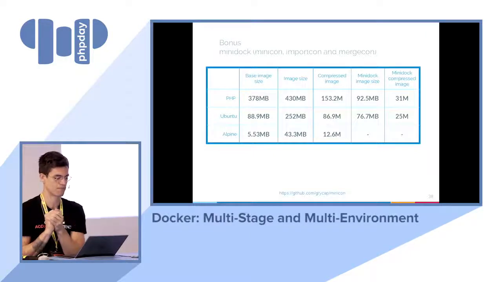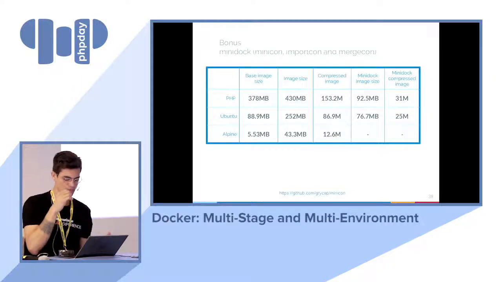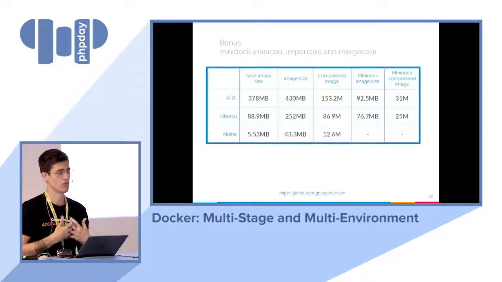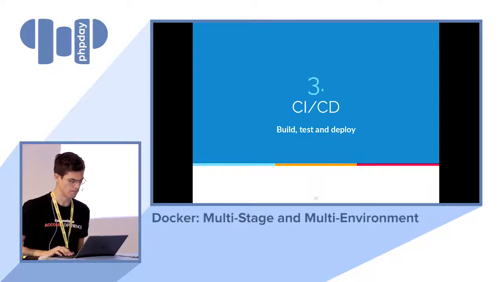And you can generate small images, from 400 to 92 is good, right? And it will continue to work, and that's it. If it's impossible for you to change your Linux distribution, or you don't feel comfortable using Alpine, you can try some of these solutions.